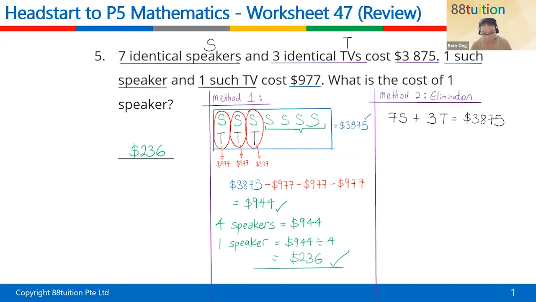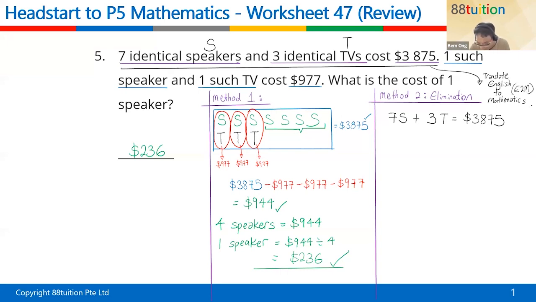I'm just listing out the clue. I'm trying to translate the English into mathematics. I call this E to M, English to Mathematics, which is a very useful tool, especially now in secondary school.